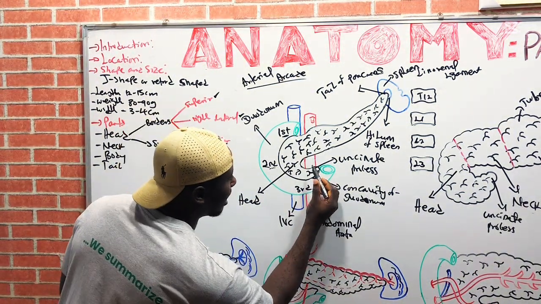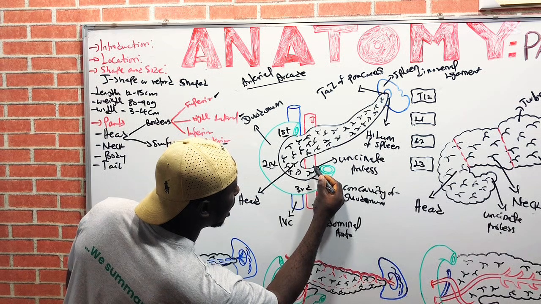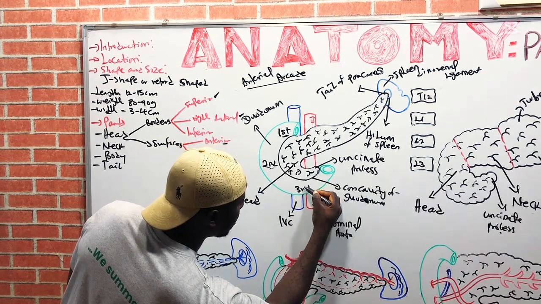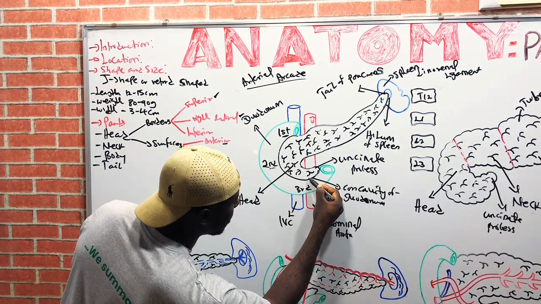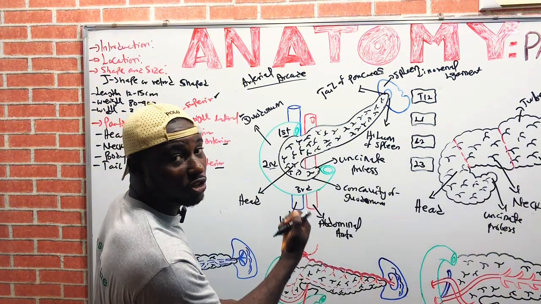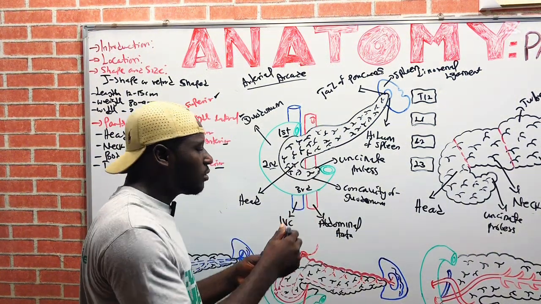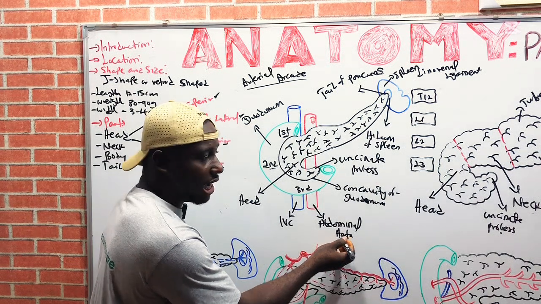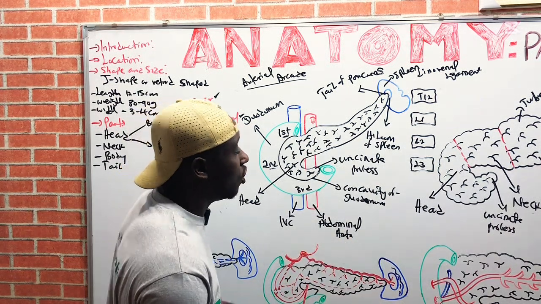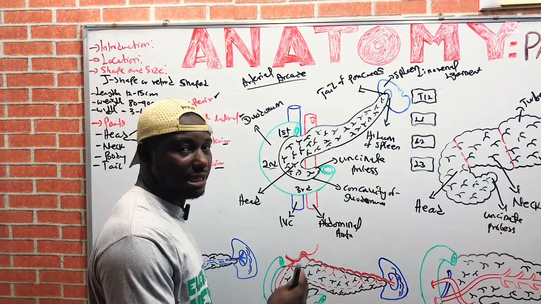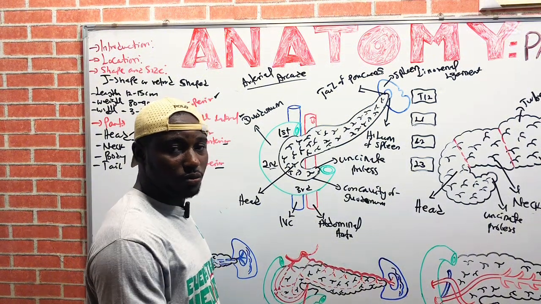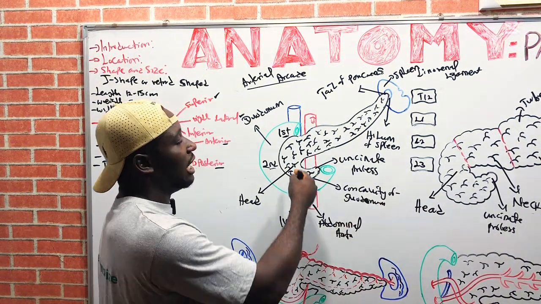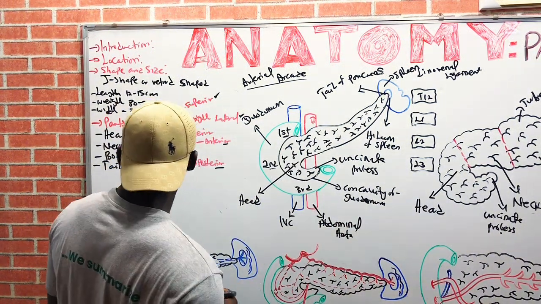Those vessels traverse it diagonally on this aspect, right? So the anterior relation is related to the superior mesenteric vessels, while the posterior relation is related to the abdominal aorta. So that is all about the uncinate process. It is a hook-like process which is directed downward and to the left from the head of the pancreas, right?